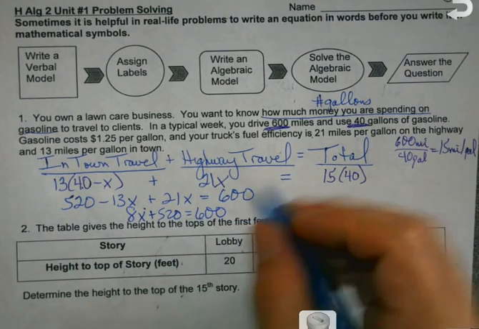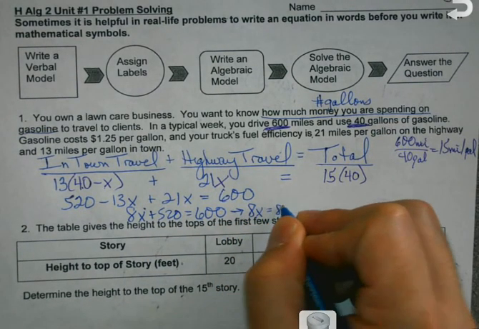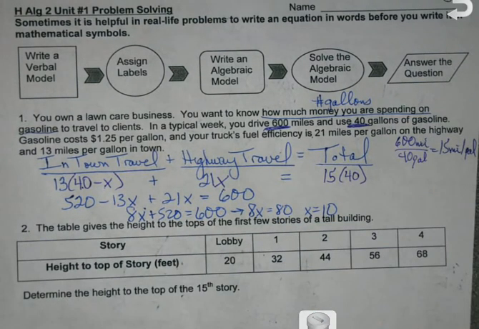Minus my 520 over. Now you get to the point where you get, okay, x equals 10. That's great.